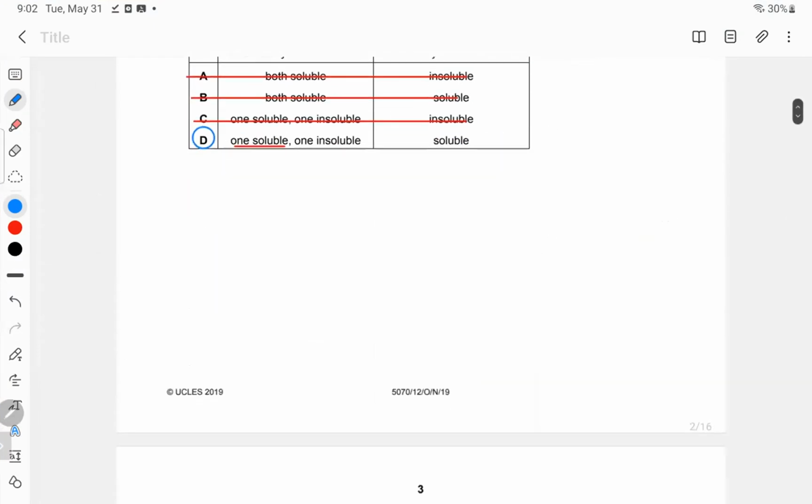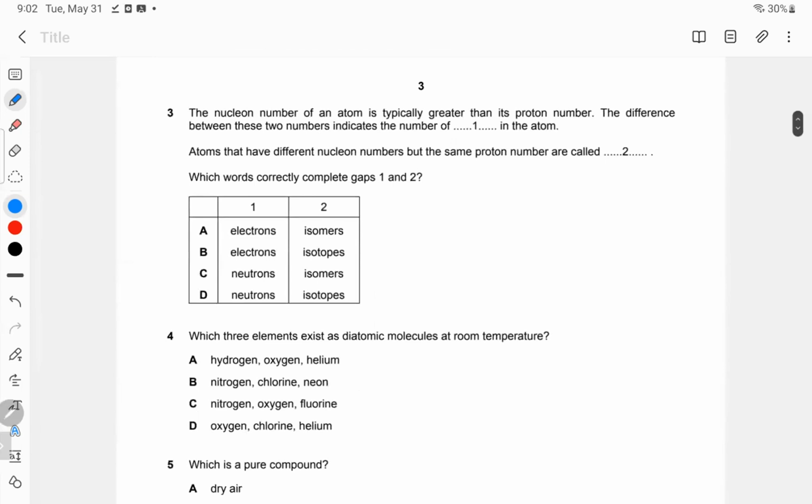Okay. Now question number 3. The nucleon number of an atom is typically greater than its proton number.